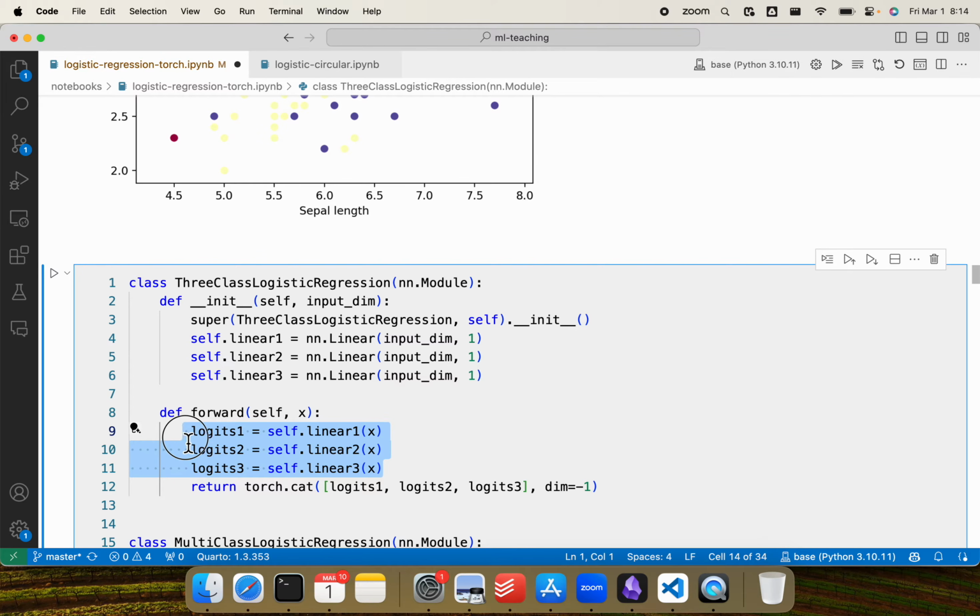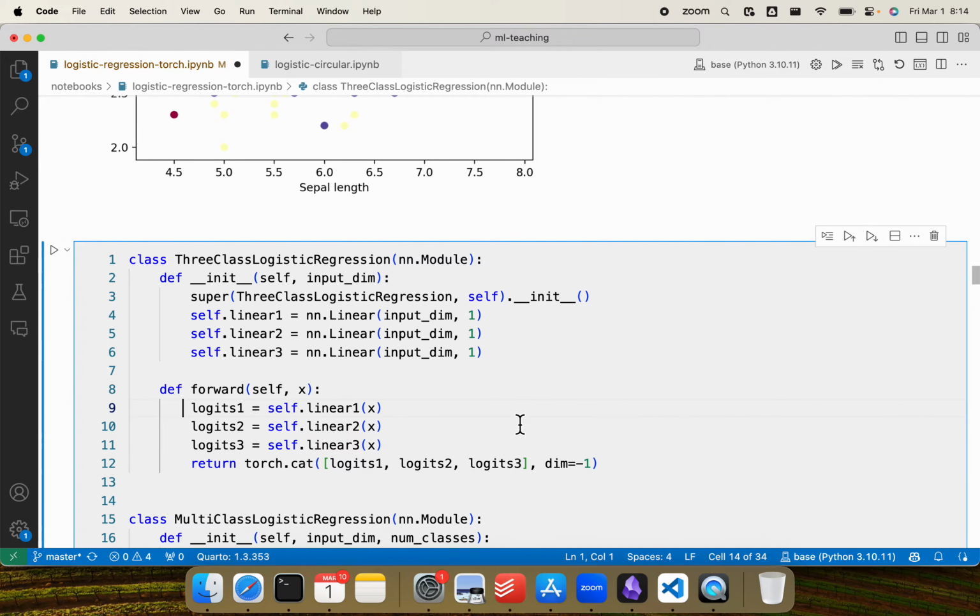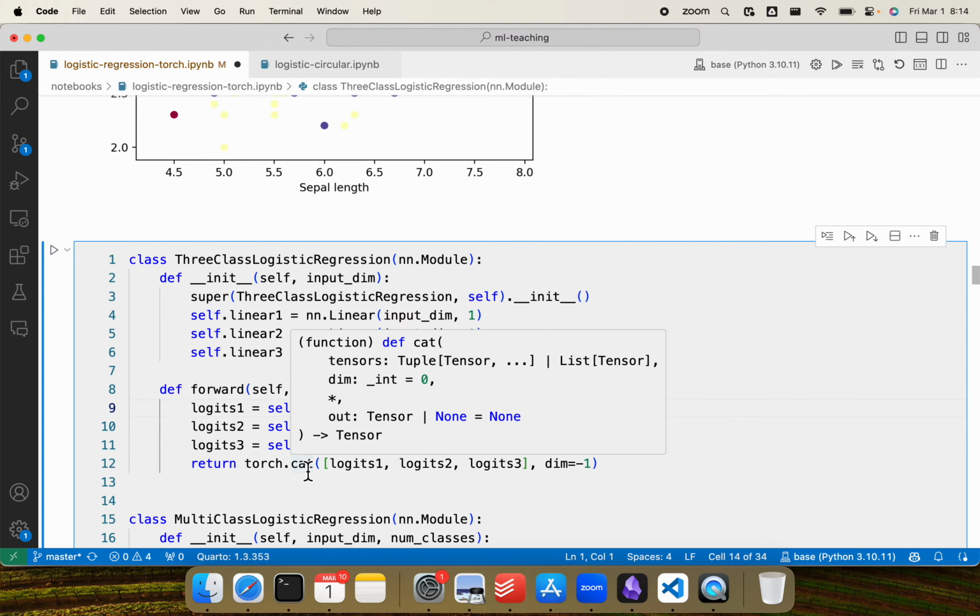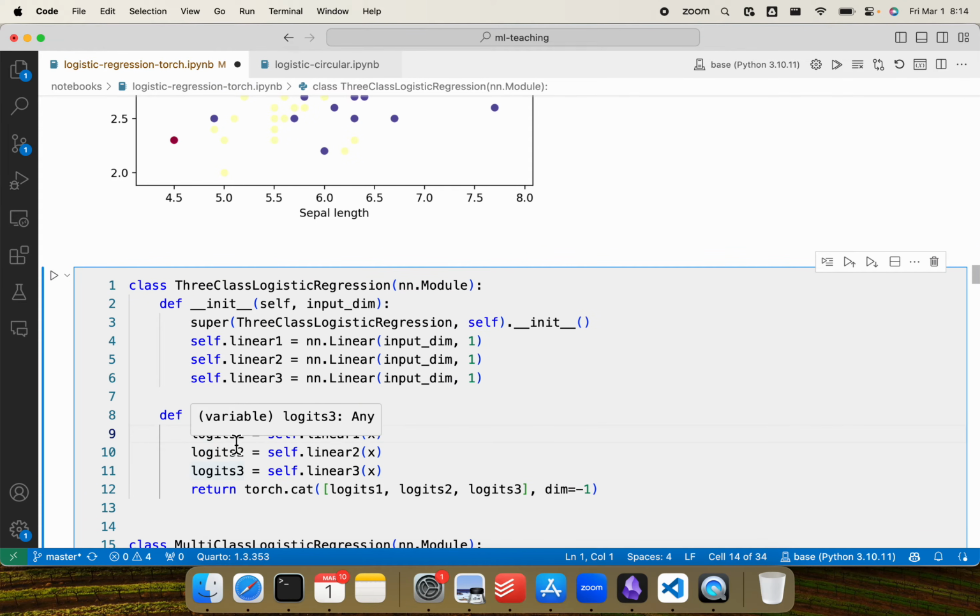So therefore I get the three logits, and as of now I'm just returning the logits by concatenating them in this function. This is one way to get the outputs corresponding to logits for three different classes.